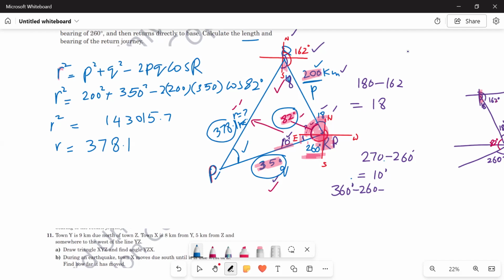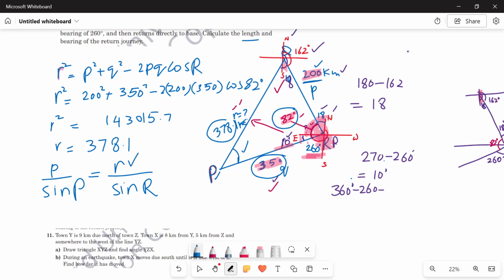So opposite of P is its side P over sine P, and length R over sine R. Now look at here, which three quantities are given.